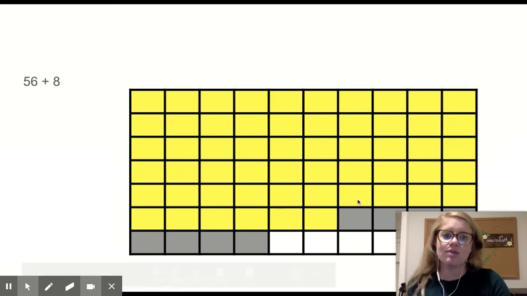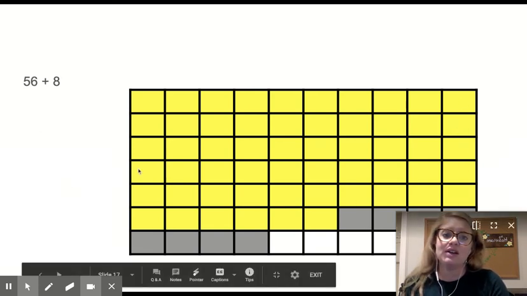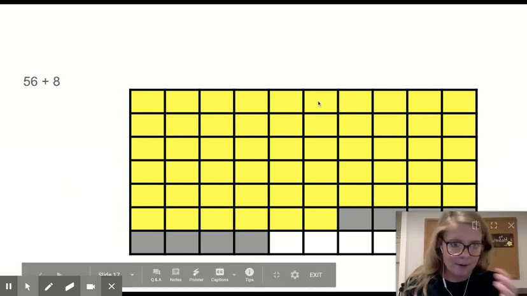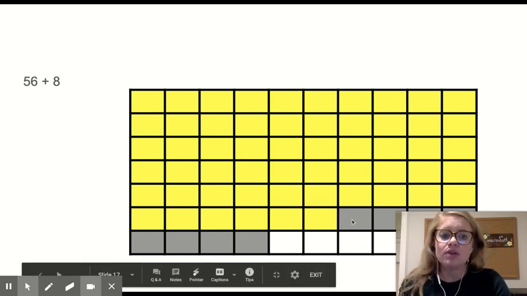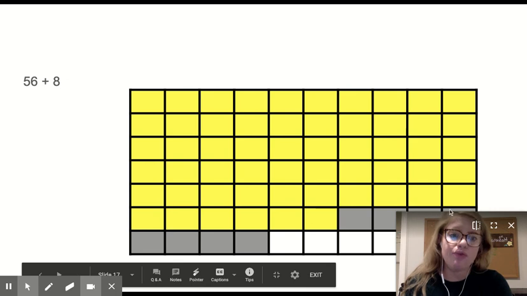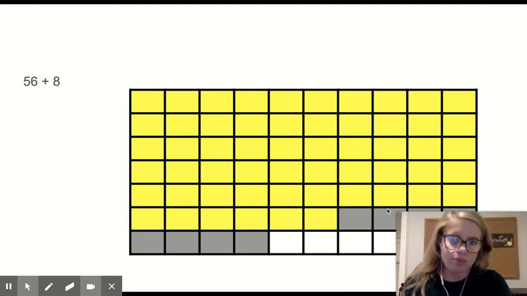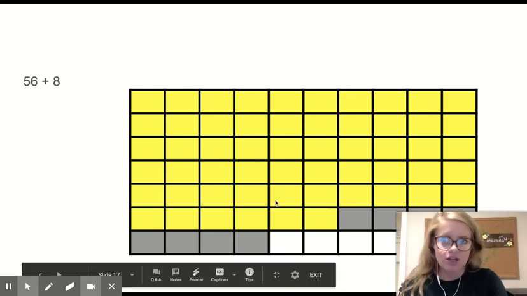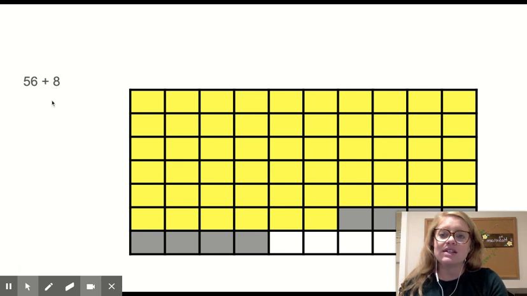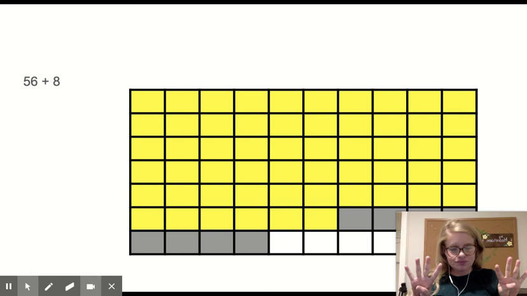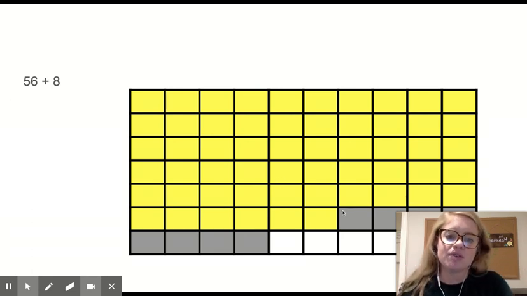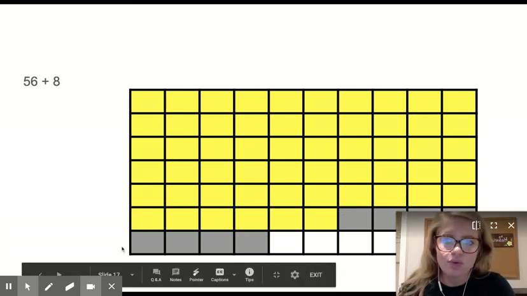We can tell by looking right at our bars right here. So we have 1, 2, 3, 4 more to go before we get to 60. So you need to break this 8 into a 4 and another 4. We fill up this row here and we still have 4 left over.